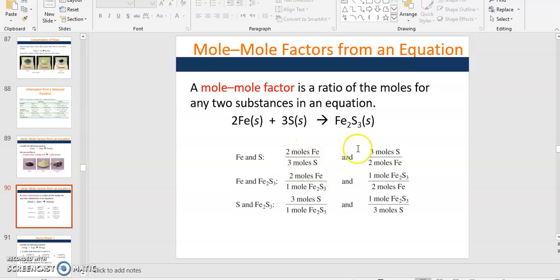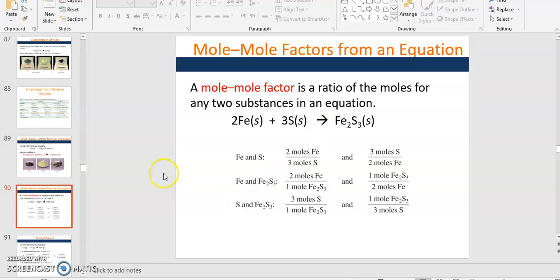You can have 2 conversion factors. Same thing here. You can say 2 moles of Fe equal 1 mole of Fe2S3, and you can have a pair of conversion factors. Same thing. You can say 3 moles of S has 1 mole of Fe2S3, and so on.